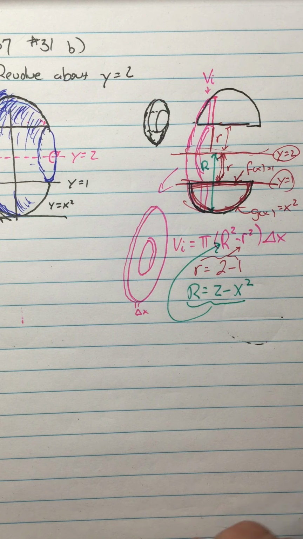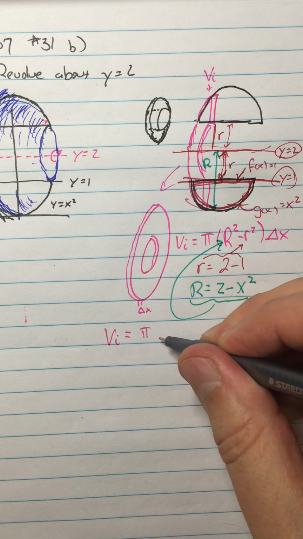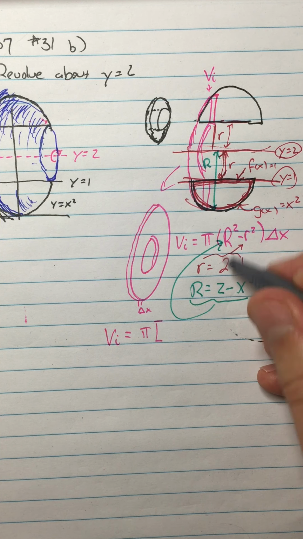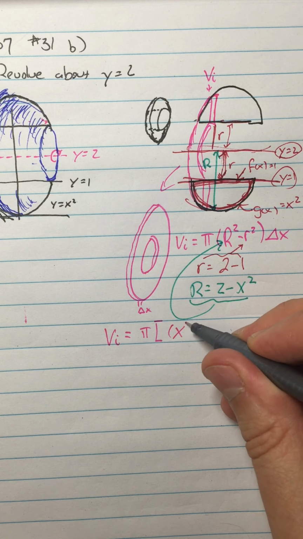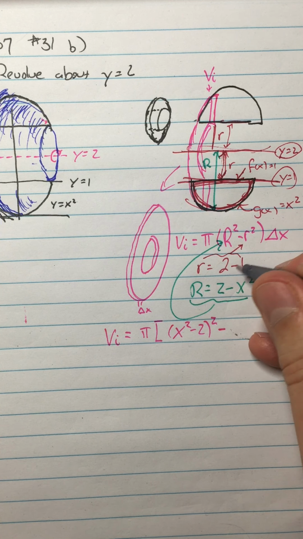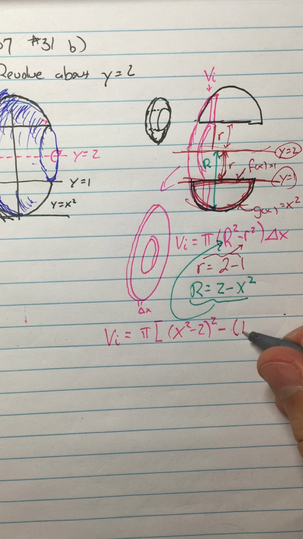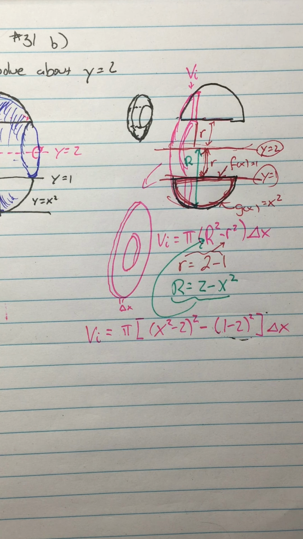Essentially, I could say at this point that my V sub i, and I'll write it out fairly expansively, is my big R, which is 2 minus x squared, but I'm going to write x squared minus 2 again, squared, because R is squared, minus my little r, which is 2 minus 1, but I'm going to write 1 minus 2 squared. Remember, I can reverse the order because I'm squaring the quantity, and then that's going to be delta x. All right, so that's my ith volume element.